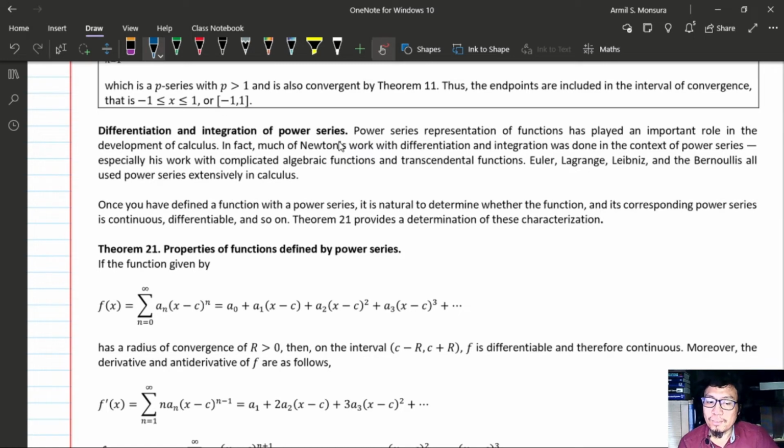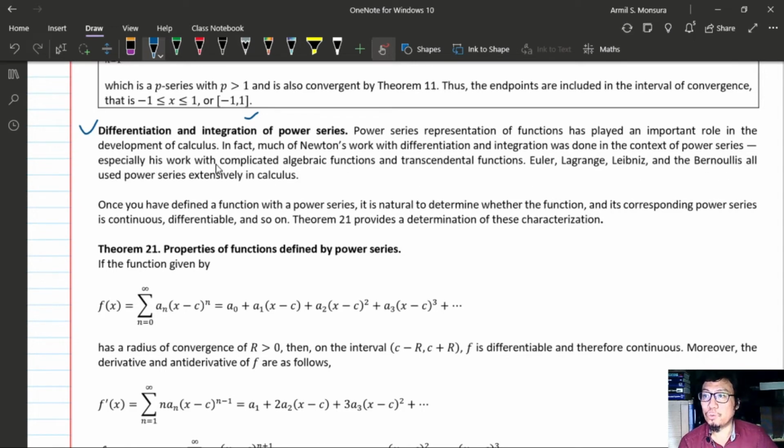One part of such a procedure is to actually differentiate your power series, so you need to learn how to differentiate and integrate power series. Power series representation of functions has played an important role in the development of calculus. In fact, much of Newton's work with differentiation and integration was done in the context of power series.